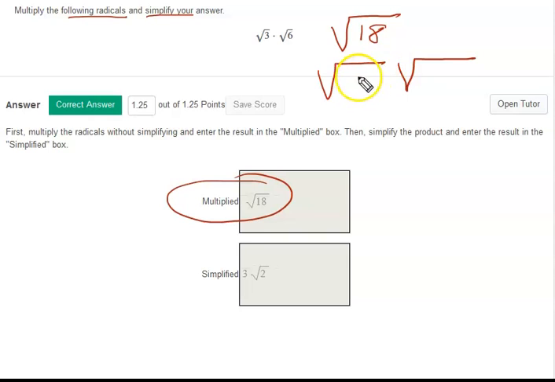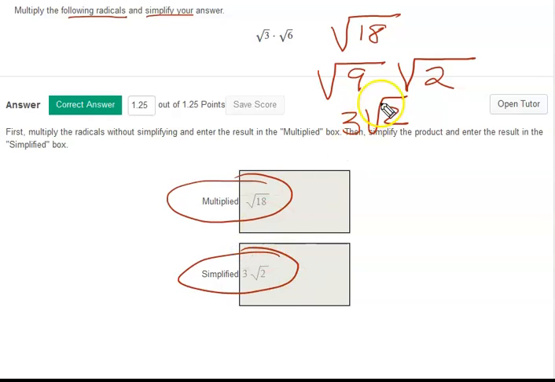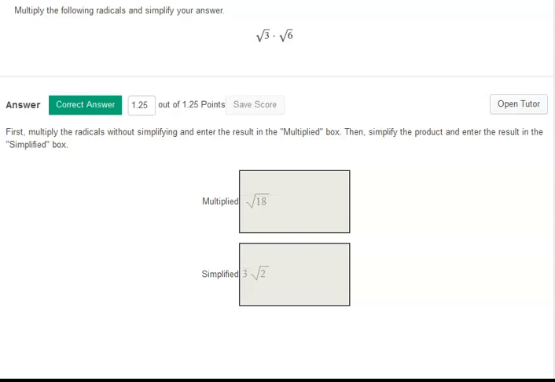And you brainstorm a little bit, and hopefully you ended up with a 9 times 2. 9 is the greatest square root factor, or perfect square factor, in 18. So the square root of 9 is 3, times the square root of 2, and that would be in its simplified form, and there's the protocol to get to it. So hopefully that was something easy. All right, let's move on.